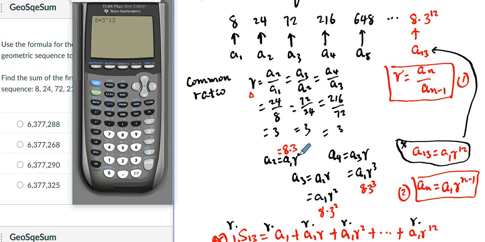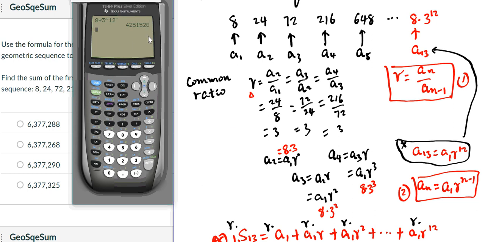Here, exponent is always 1 less than the index. A3 is 8 times 3 squared. Exponent is 1 less than index. So for A sub 13, the index is 13, A13 equals A1 times R, and here the exponent is 12, 1 less than the index. If you hit enter, it's a very big number.